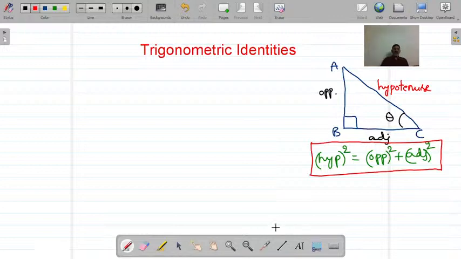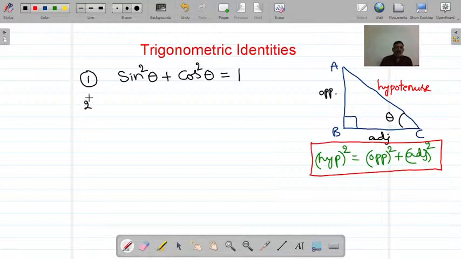Okay, mainly we have three trigonometric identities. What are those three trigonometric identities? First one is sine square theta plus cos square theta equal to 1.